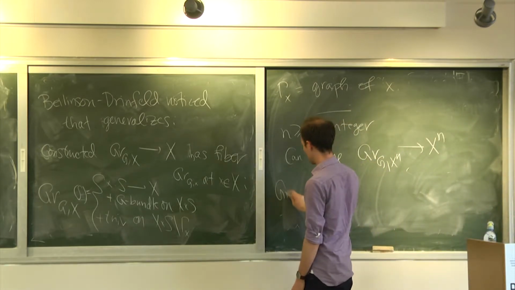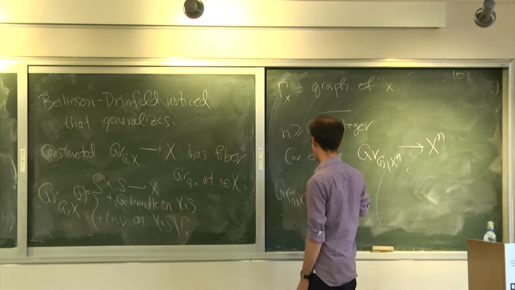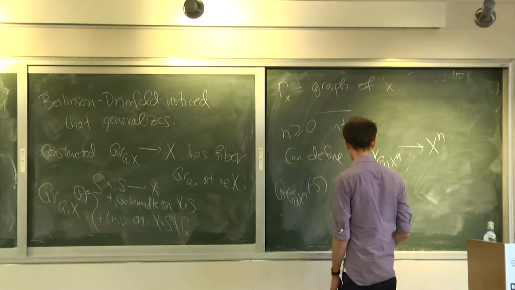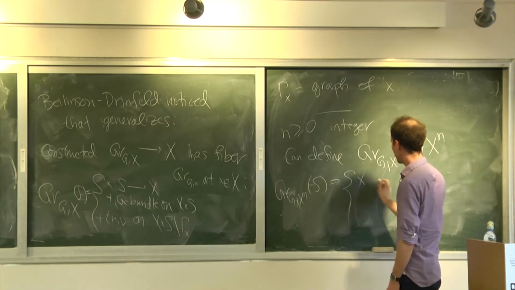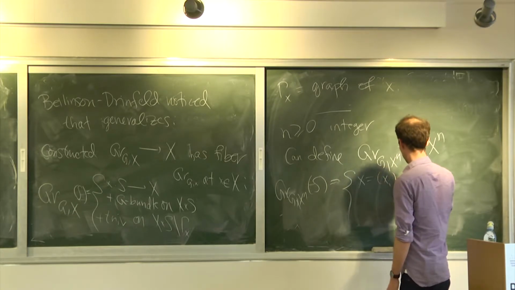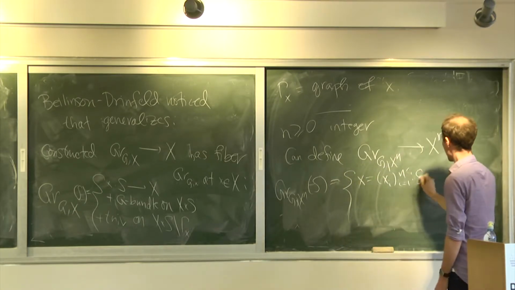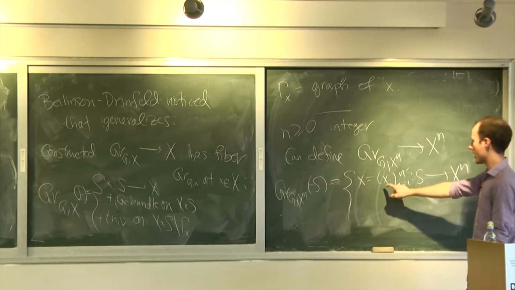Again, I'll define it as a pre-stack. So now what we have is a map from S to X to the n. In other words, we have an n-tuple of maps that I'm going to call xi.